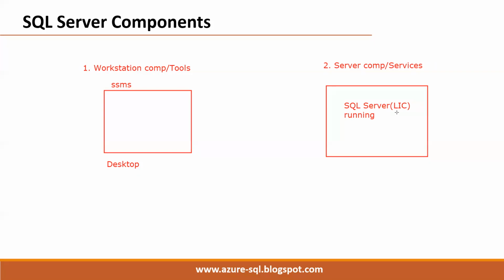The instance name is LIC. Whenever we type some query here, any command, select something or select @@version, any query in SSMS, immediately the request is submitted to which server? Our database server or database engine where our SQL Server service is running.